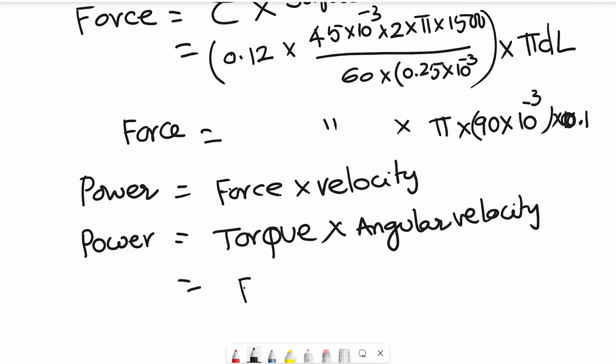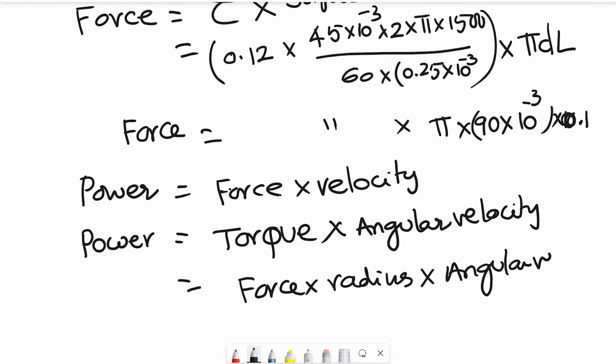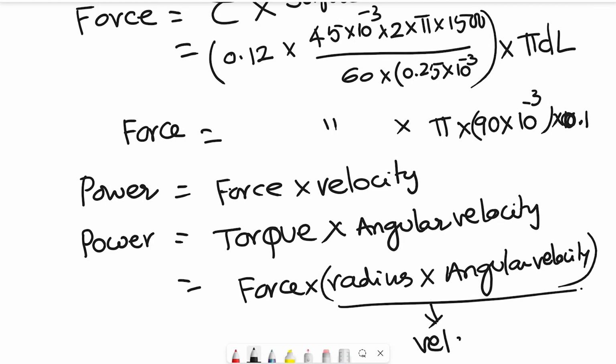Torque is nothing but force into radius, into angular velocity. This radius into angular velocity is nothing but our velocity. So directly you can put force into velocity.